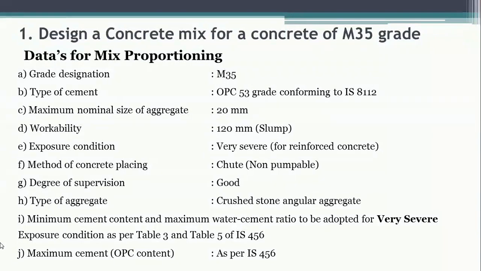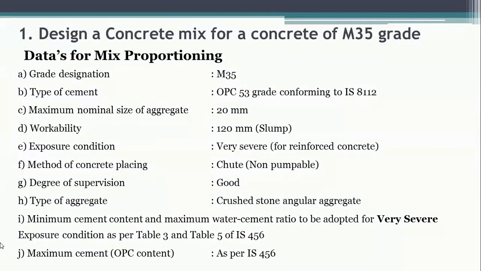If we don't get these values in the question, then you have to remember them, because IS 456 will not be given in the exam. Only IS 10262:2019 will be given. If they mention in the note in the question paper to provide IS 456 also, then you will get both the codes.